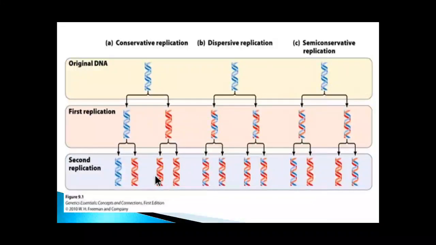So this indicates that the heavy DNA never disappears completely in the conservative mode of replication, whereas we have seen in semi-conservative that the percentage of the intermediate fraction decreased and the lighter fraction increased. Also, conservative replication never produces hybrid molecules. So from this it proves that the nature of DNA replication is semi-conservative.